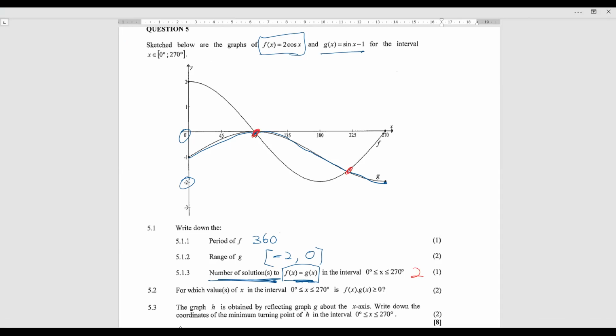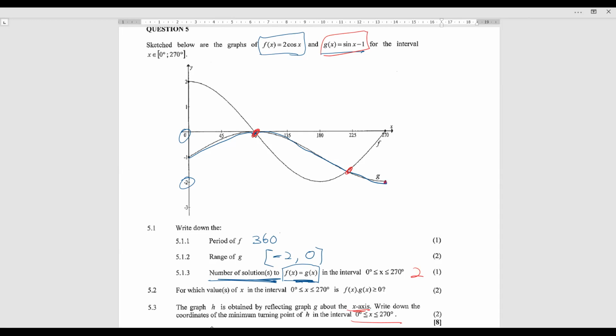I'm going to jump to 5.3. The graph H is obtained by reflecting g on the x-axis. Write down the coordinates of the minimum turning point of H in the interval. It's quite a toughie, right? So they're reflecting g. So let's look at the g graph, and let's start by saying, what is the minimum turning point at the moment on the g graph? -2, sir.